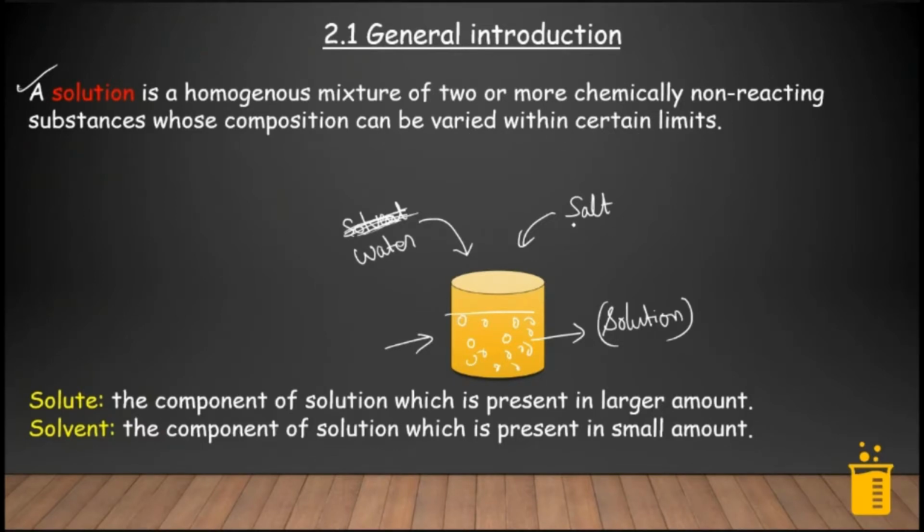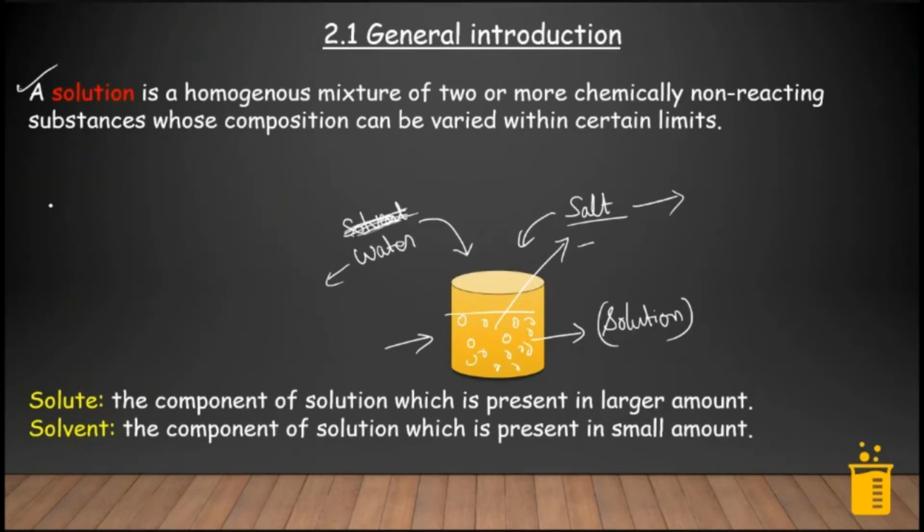So I've taken salt as one component and water as another component of a solution. Both are part of the solution. So it is basically 2 or more non-reacting substances. Okay. So if I want to check the solution's concentration, whichever part I pick from the solution, the concentration or the composition will remain the same. It is a homogeneous mixture. So that is the basic definition of the solution.